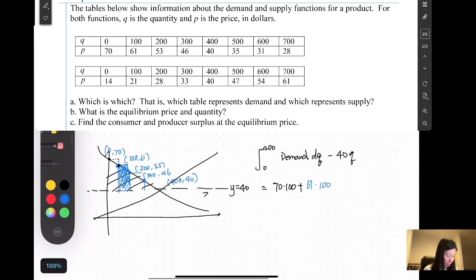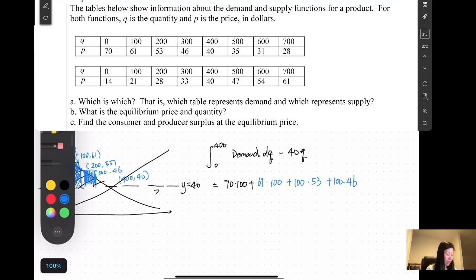And then the third area, the width is also 100 times the height, which is 53, and then plus the last one, which is 100 times 46.